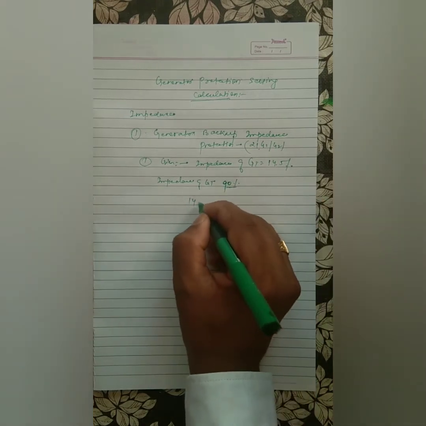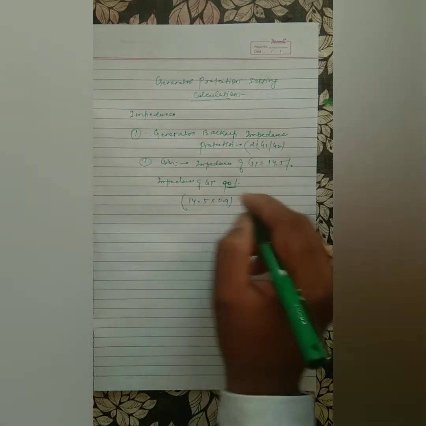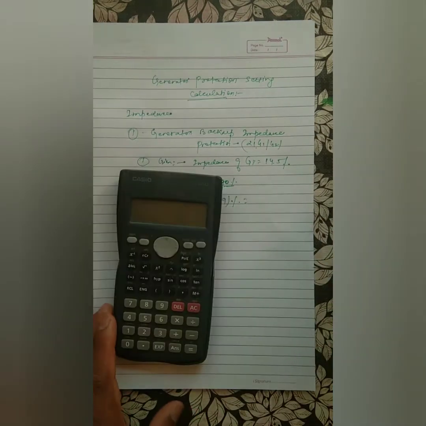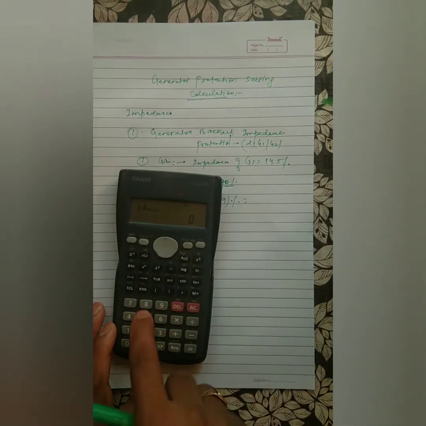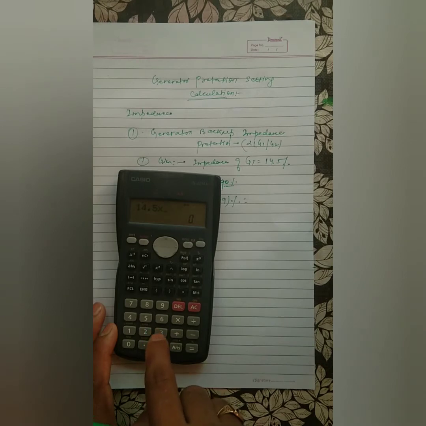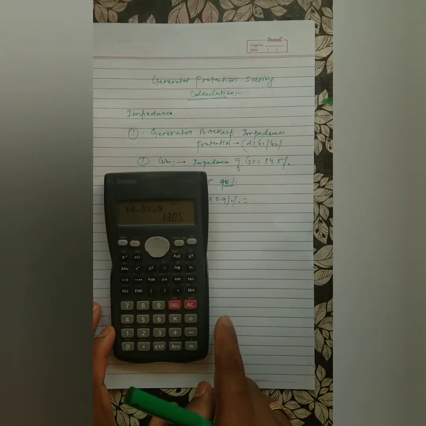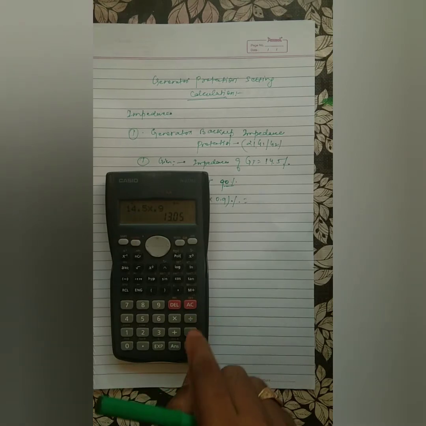That means 14.5 into 0.9, which will be equivalent to 14.5 into 0.9 by 100.